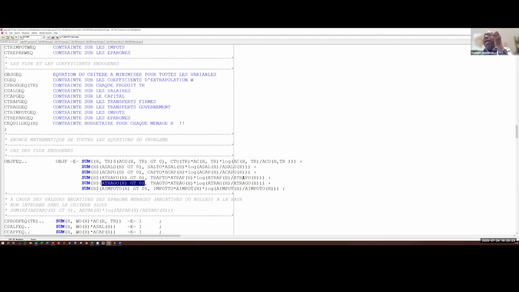Et donc, I have to exclude in my criteria the value where, because I am using the logarithm, I have to exclude the negative or null variable here. So this is why we put it. I told you that the answer will come in 20 minutes.